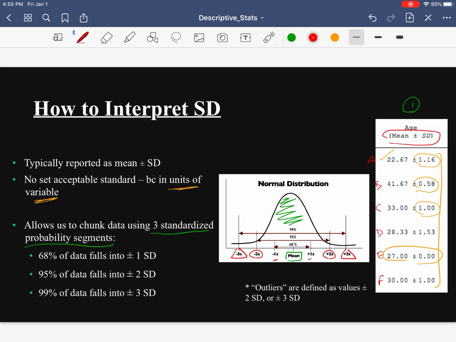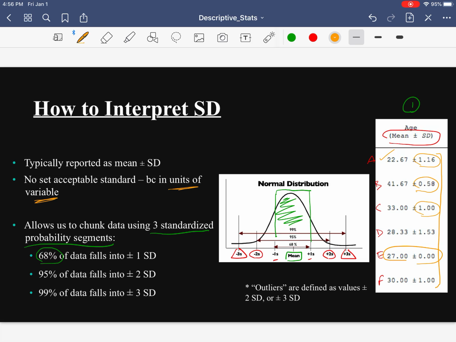And theoretically, by using that formula to calculate standard deviation in units of that particular variable, what it's telling us is all of the data points that fall within plus or minus 1 standard deviation represent 68% of the data. Again, these are standardized, plus or minus 1. This is a different way of looking at it than when we actually report it for each variable.